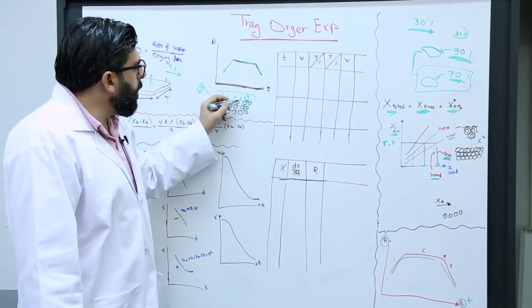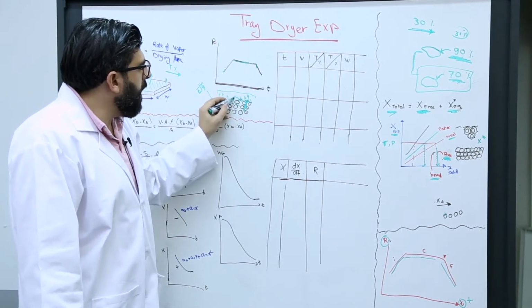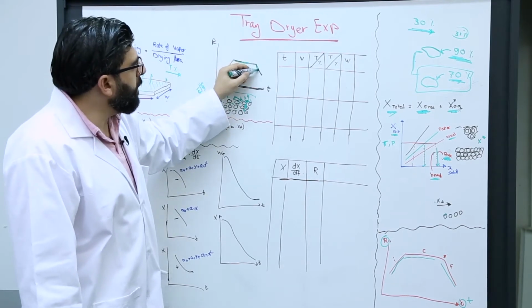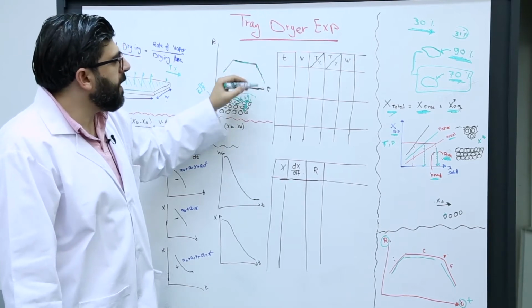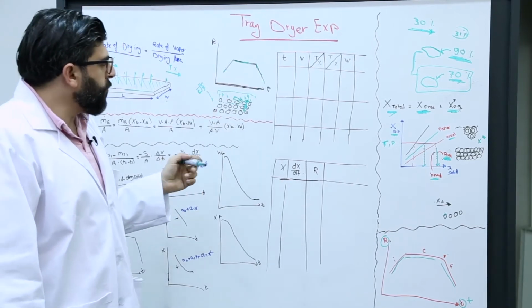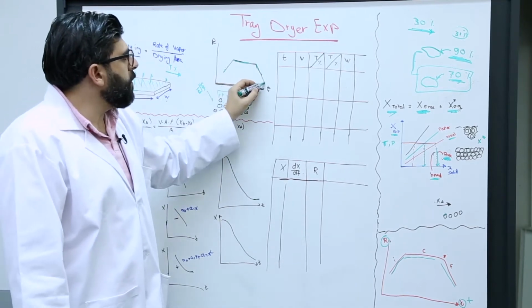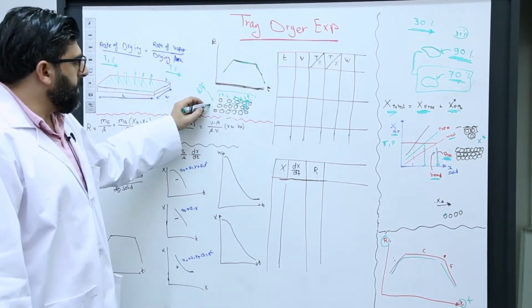Then another point will dry out, then the drying area or drying patch will increase. So the drying rate will decrease until there is no more water in my tray dryer. At this point, the rate reaches 0. So these are the principles.